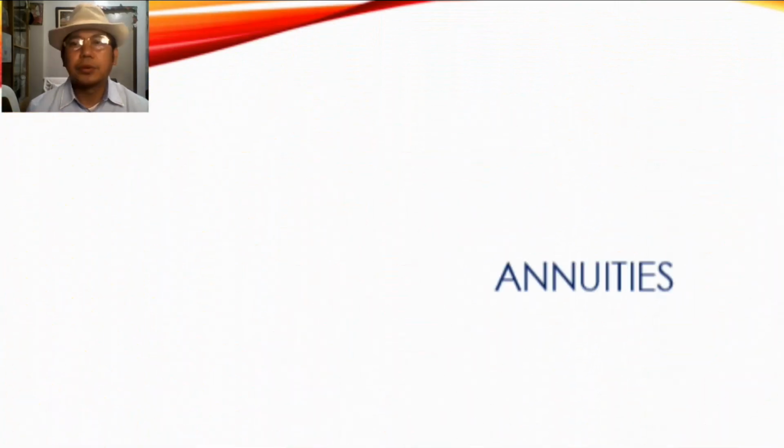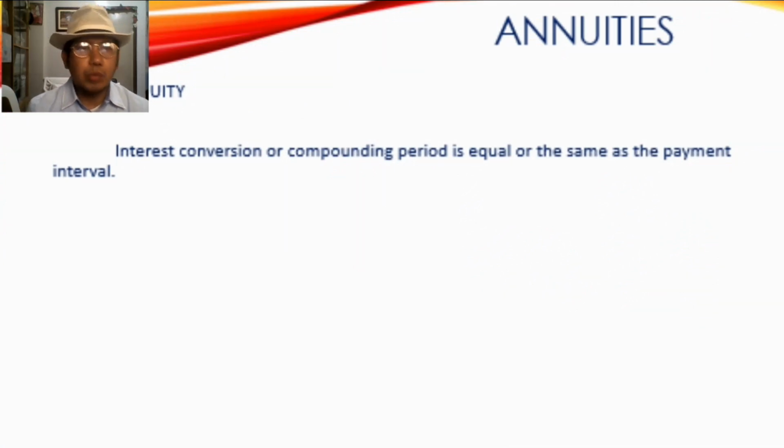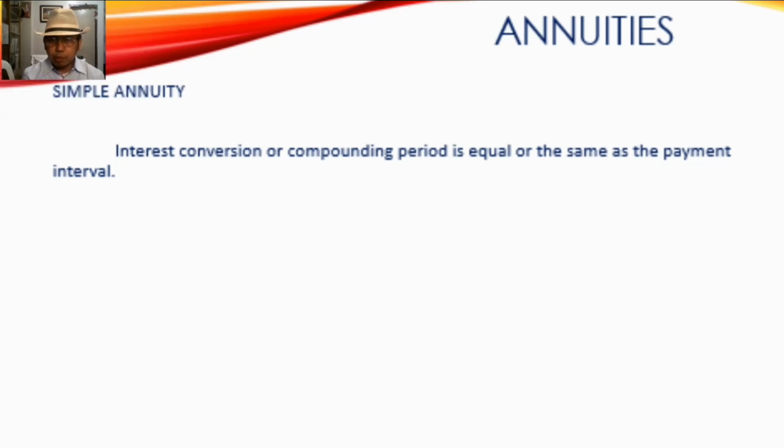Another thing that we need to understand is the term simple annuity, and this is our focus now. In simple annuity, the interest conversion or compounding period is equal to, or the same as, the payment interval. Now, what do we mean by this?